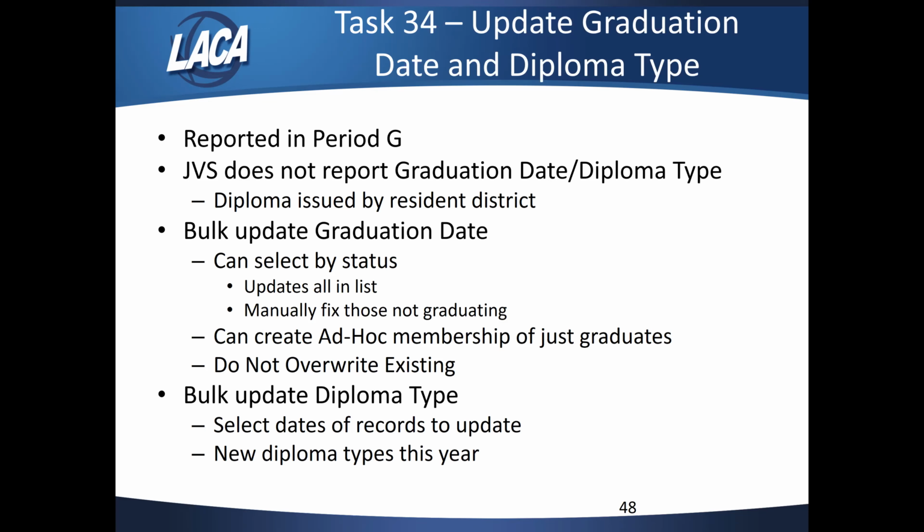And then once you have updated the graduation date, you can do the bulk update of the diploma type, and you can select the graduation dates that you want to update, and you can select the type that you want to default everyone to. There are more than just one diploma type. So you might want to do everyone as regular and then have your lists of who should be something other than regular.